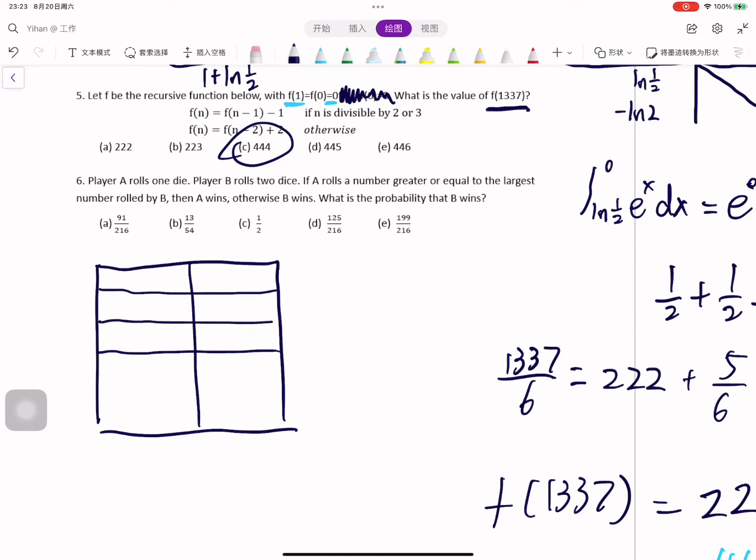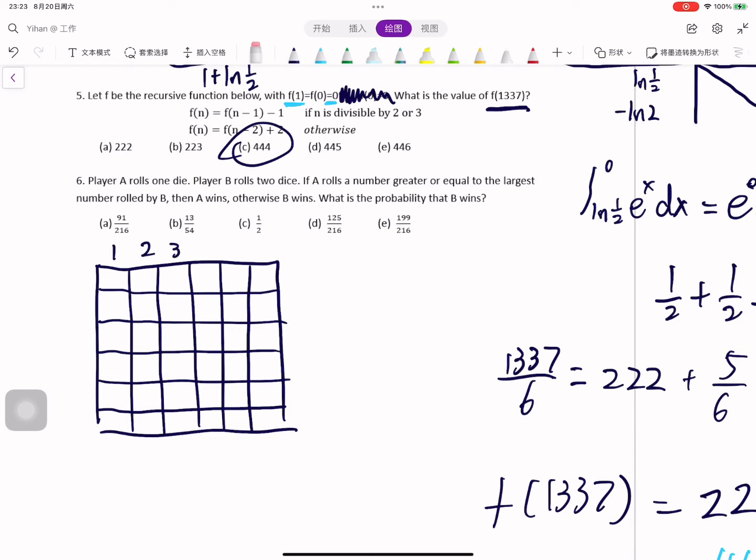We use this form to show the possibility that player B will roll, such as the first dice of player B can be 1, 2, 3, 4, 5, 6, and the second dice of him could be 1, 2, 3, 4, 5, 6. And we calculate the total possible situations that player A will win.